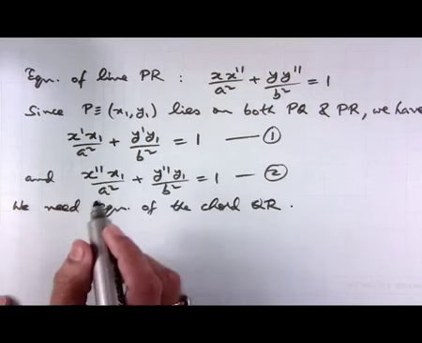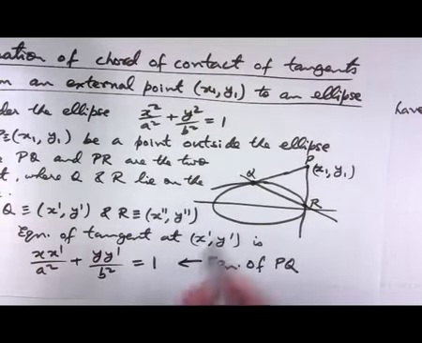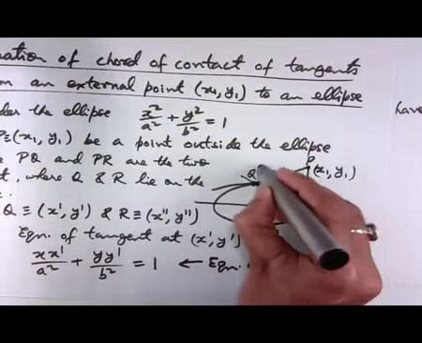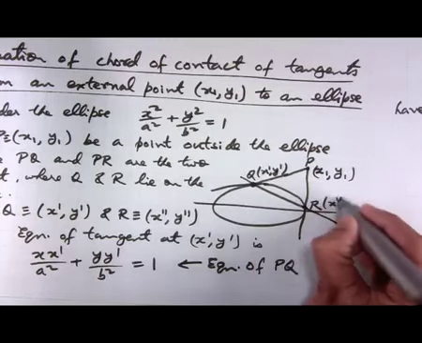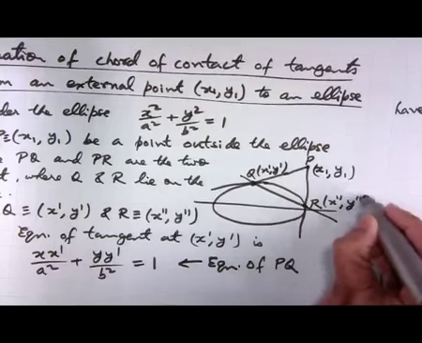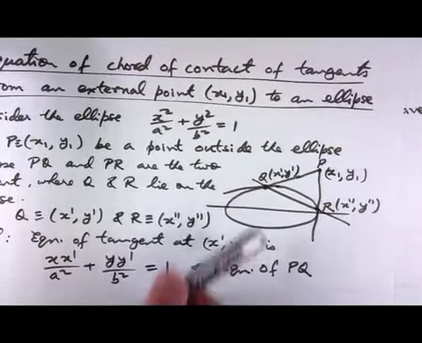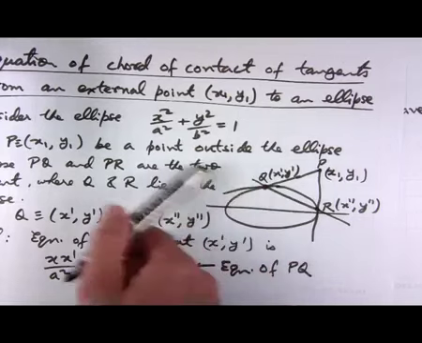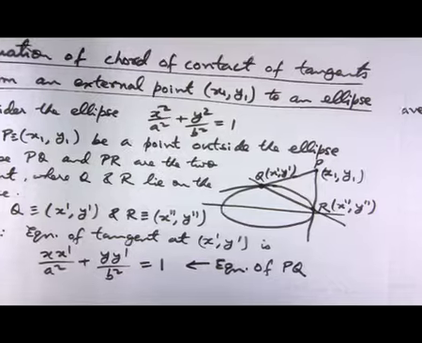So, notice that Q and R are the points (x', y') and (x'', y''). If we have any straight line on which these 2 points lie, then that will be the equation of the straight line QR.